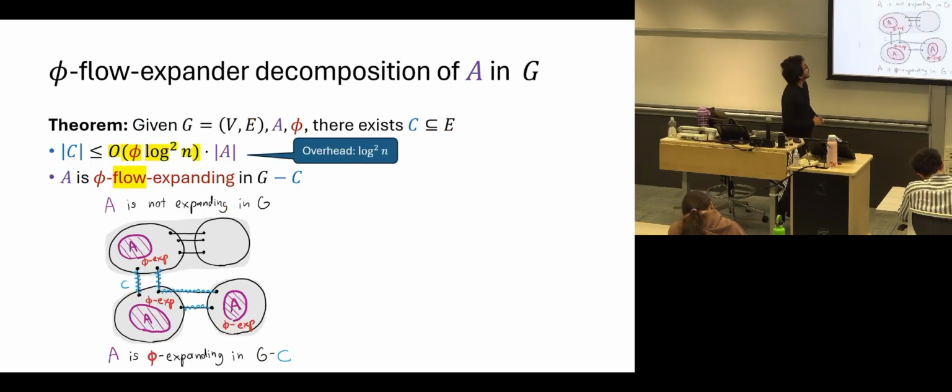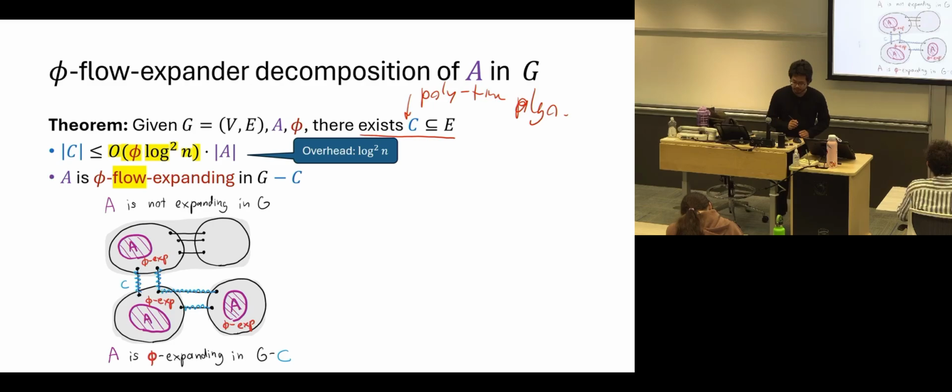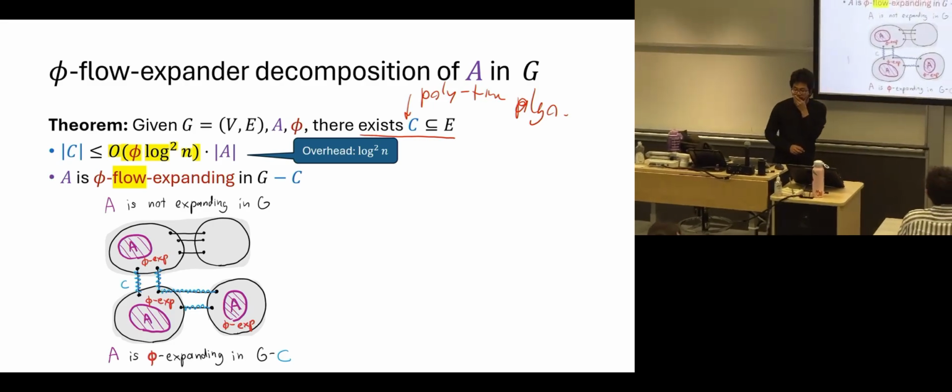So what we get is that, given the graph, there exists a poly time algorithm that finds a cut C, and the size of C is this.